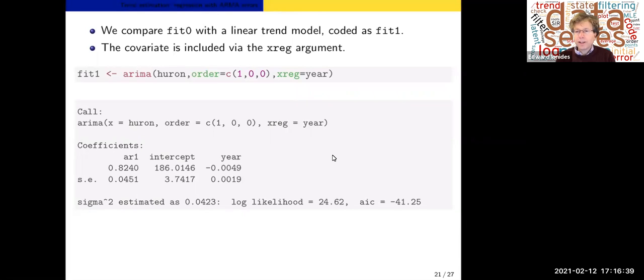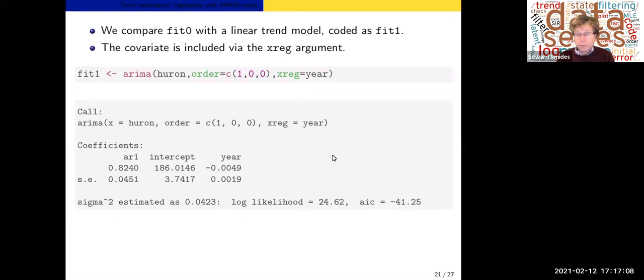And so if I want a linear trend on year, then I put xreg is year, when year is the variable I constructed. And so here you go, we have a fitted model which we can compare to fit0. I guess fit0 is our null hypothesis that there's no trend. Fit1 is an alternative hypothesis that has a linear trend.